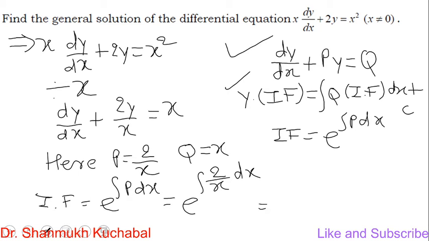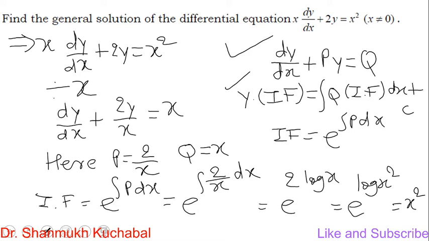So e raised to 2 times the integral of 1 upon x, which is log x. This can be written as e raised to log x square. Using the property of exponential and logarithm functions, any expression e raised to log f of x is f of x, so here the integrating factor is x square.